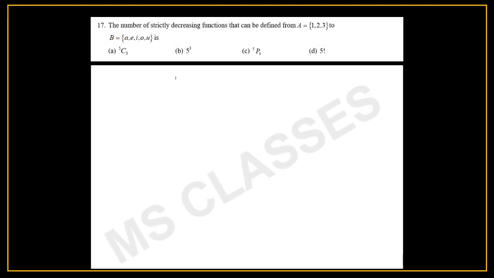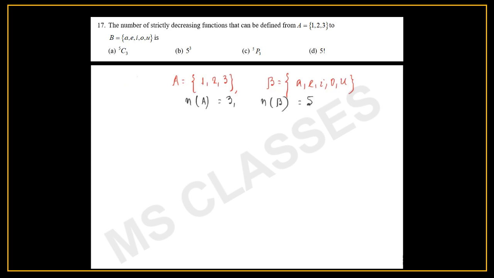Set A has 3 elements: 1, 2, 3. Set B has 5 elements: a, e, i, o, u. Now here n(A), we have 3 elements. n(B), we have 5 elements.